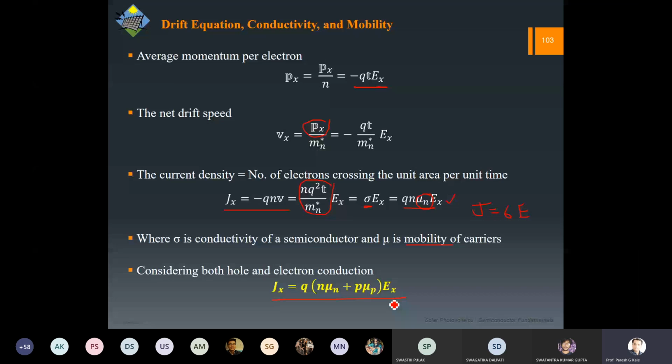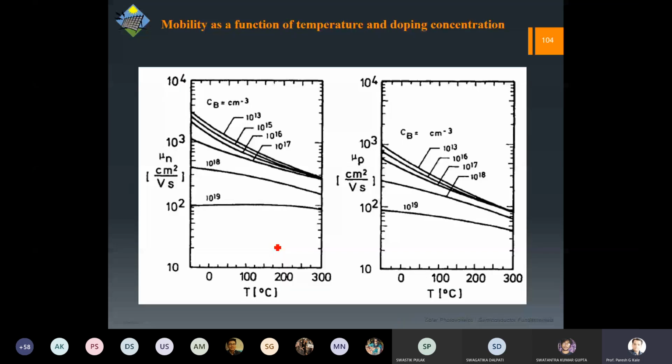So these are the functions, and again you can see that mobility is a material property, however it is influenced by the temperature. As I have said, when the temperature increases, more carriers will be available and the resistance in a sense will increase. And you can see that the mobility is going down for both holes as well as electrons.